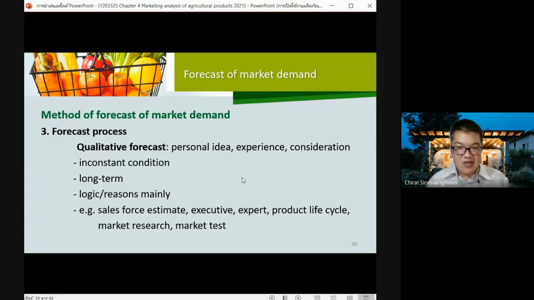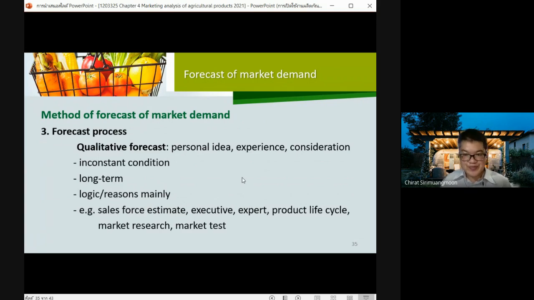Qualitative is mostly used for the long term. For the short term, you might use quantitative, but qualitative you can use for long-term prediction. But when you use qualitative, please make sure to think about the logic and the reason, because it doesn't have the number. You need to think whether this is reasonable and makes sense or not.